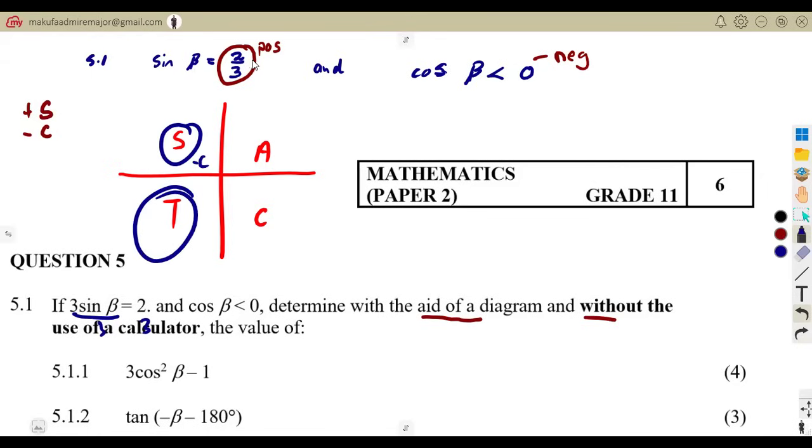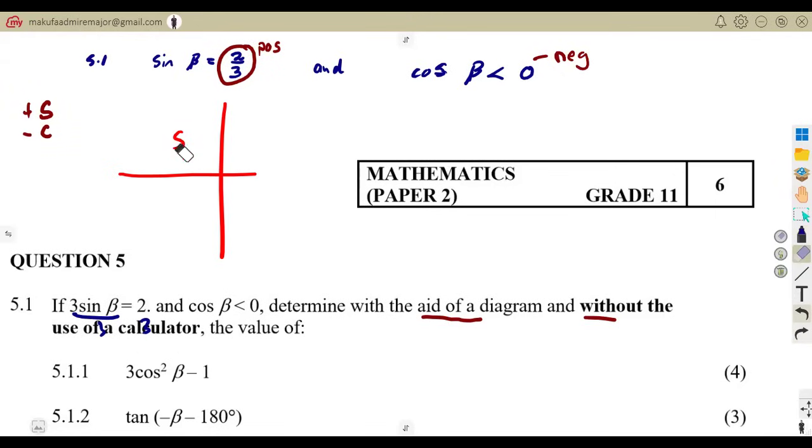Sine is supposed to be positive. Here, cos is positive. We don't want that because cos is supposed to be negative. So this quadrant is out. This one is out. This one is out. So the best answer was supposed to be taken from the second quadrant, where sine is the only one that we have to consider there. Sine is positive in the second quadrant. So that's where you are going to have your triangle in that quadrant.